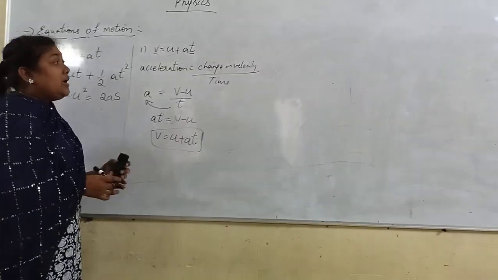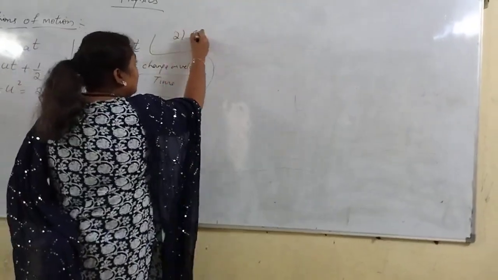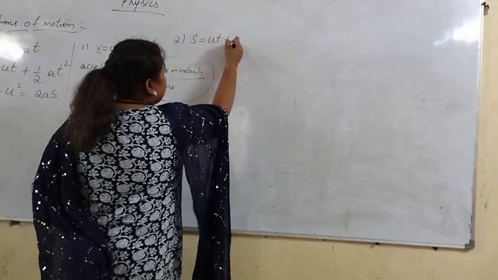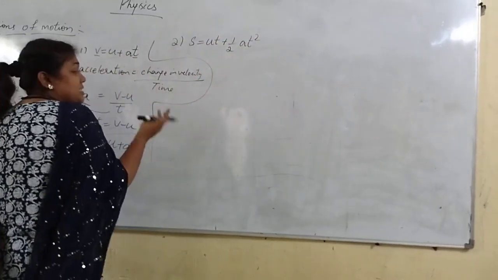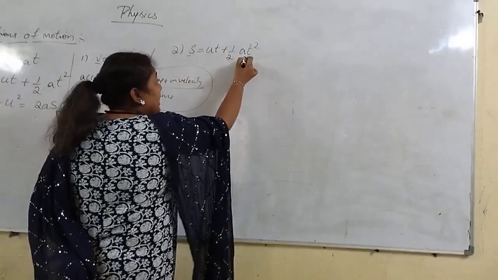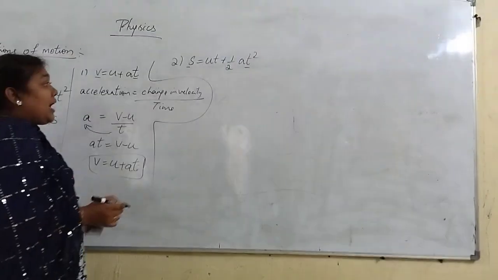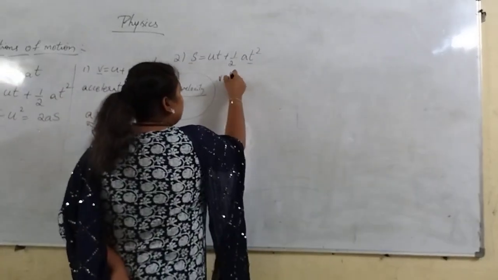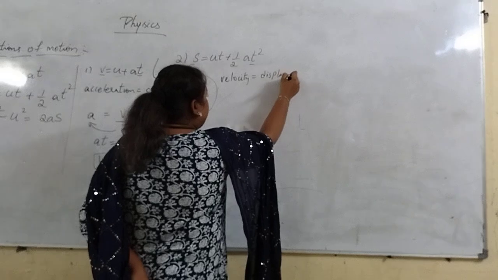Coming to the second equation, s equals ut plus half at square. It gives the relation between displacement and time. So how can this equation be derived? We have one formula, velocity equals displacement by time.